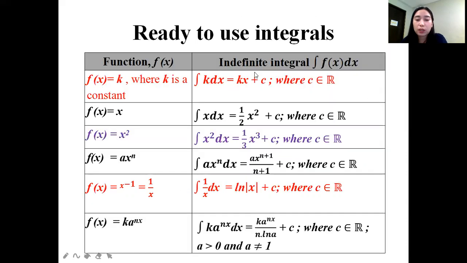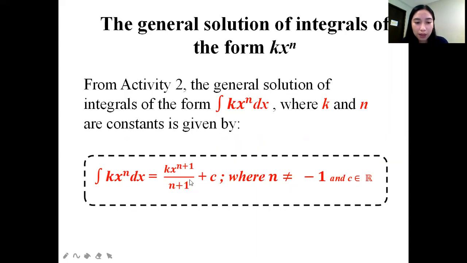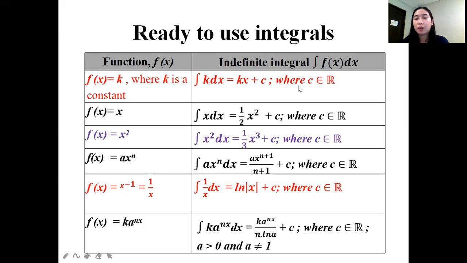So mahimo siya og kx. Okay? So kung gusto ninyo na siya i-derive, gamitan ninyo ni equation plus c. So kung dili po mo ganahan mag-derive or dili mo gusto nga balikan ko ninyo nga equation, so kini na lang ang inyong table, ang inyong basihan. Okay?